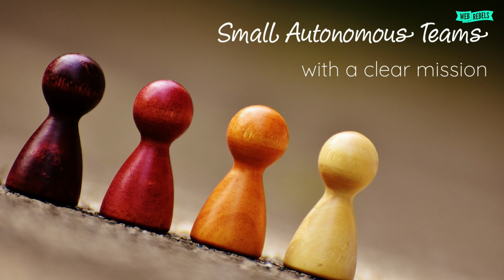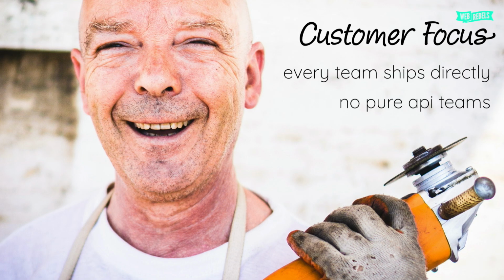So the autonomous part is really important. So the team should have everything it needs to fulfill their mission and to come up with new things, experiment, try out stuff, throw away stuff, and start over without having to cooperate with all people in the organization.